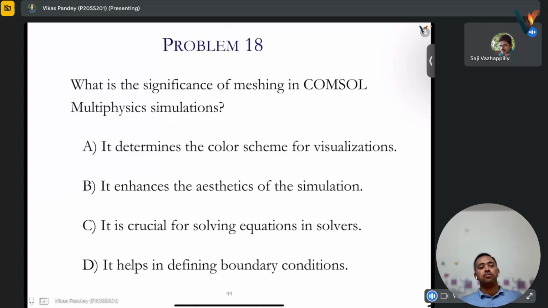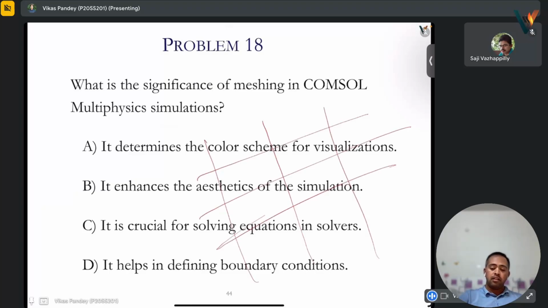It is crucial for solving equations in solvers because we cannot solve the equation for each and every point, and in detail we don't know how many points there are. So we create a mesh and solve equations only at the crossing points, assuming this is the average, or that if this is similar it represents the whole area.